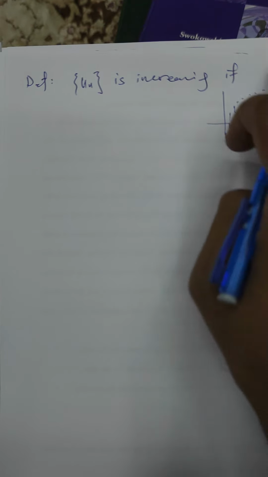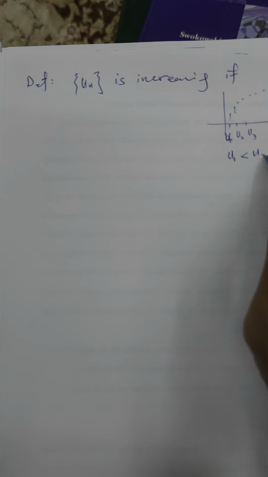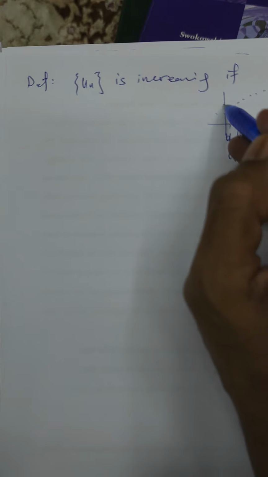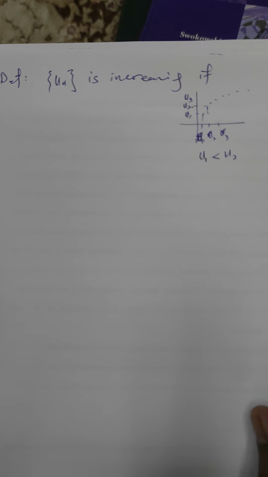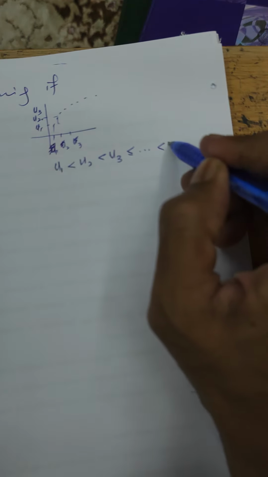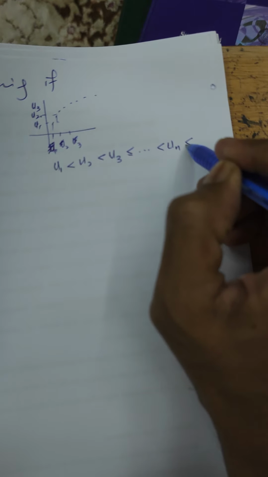So you can see from here that basically we have U1 less than U2. This is U1 here, this is U2, then we have U3, and so on. So we can see U1 less than U2, less than U3, and so on, less than Un, and less than Un plus 1, and keep going.